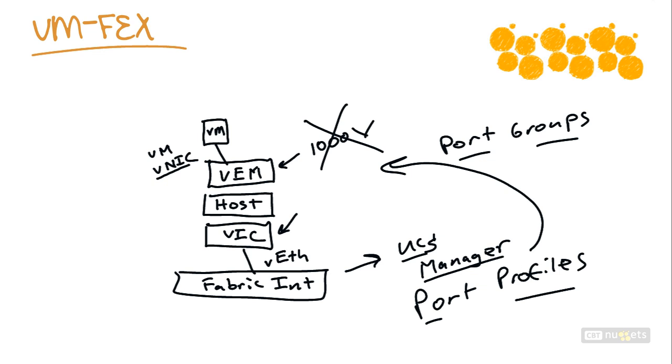Now, you know what one of the tremendous benefits of this Cisco VM FEX technology is? Well, one of the biggest benefits is indeed performance. You know why? The Fabric Interconnect is moving all the VM to VM traffic. It's doing it all in hardware.